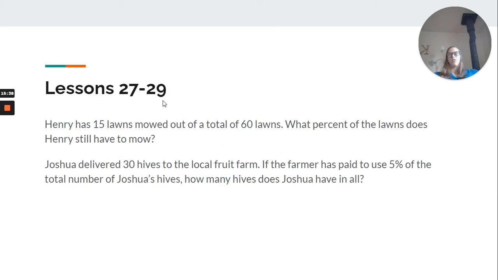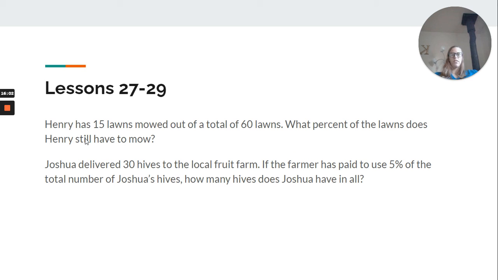And the last group here, lessons 27 to 29, we talked about more percent problems. So Henry has 15 lawns mowed out of a total of 60 lawns. What percent does he still have to mow? Then Joshua delivered 30 hives to the fruit farm. The farmer is paid to use 5% of his total hives. How many does he have in all? So 15 over 60, but we need to know how many he has left.